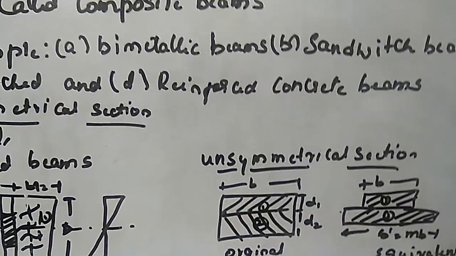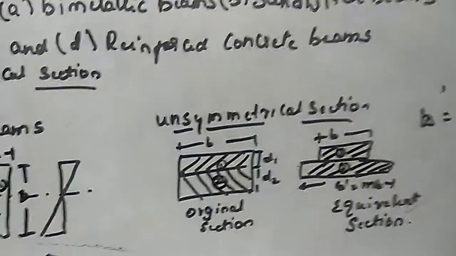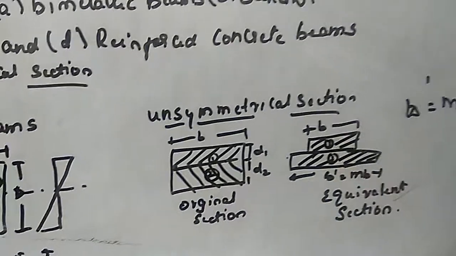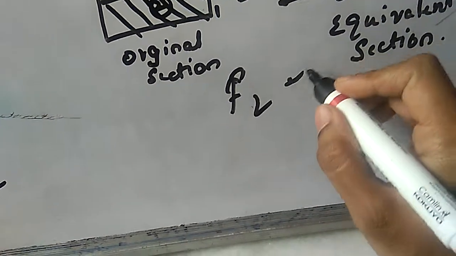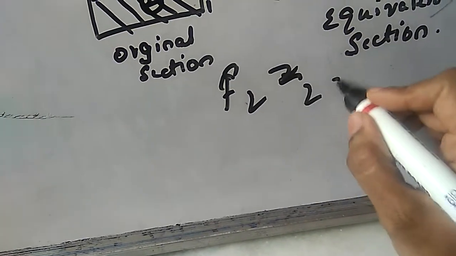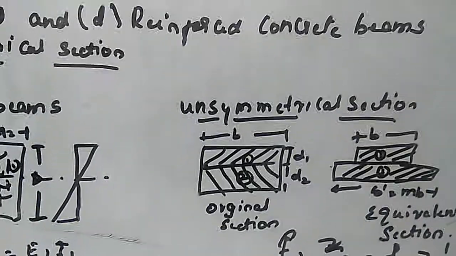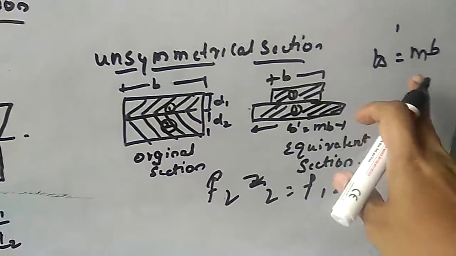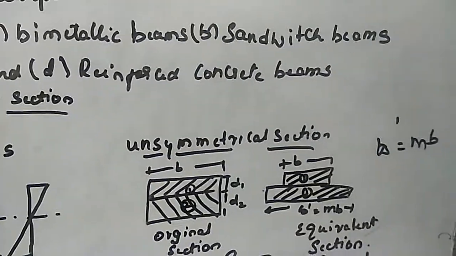I have not written it, but I am informing you. If M1 dash is equal to M2, we have f2 Z2 equal to f1 Z1 dash. After solving this equation we get b dash is equal to m into b, where Z1 dash and Z2 dash are proportional to b.